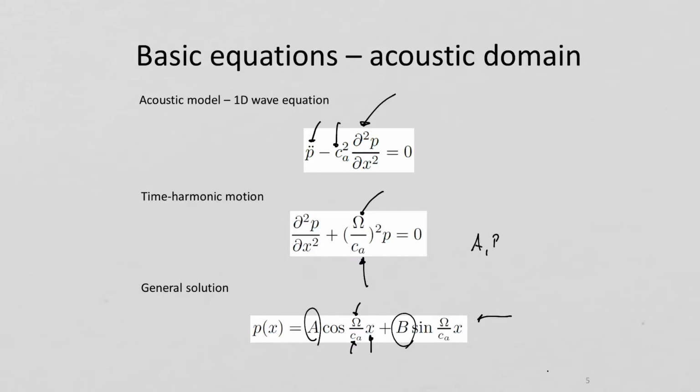So A and B are found through boundary conditions. Let's see how we're going to determine A and B.